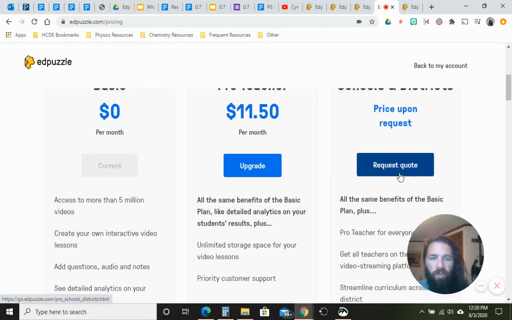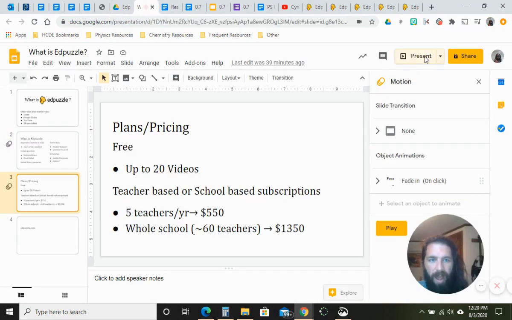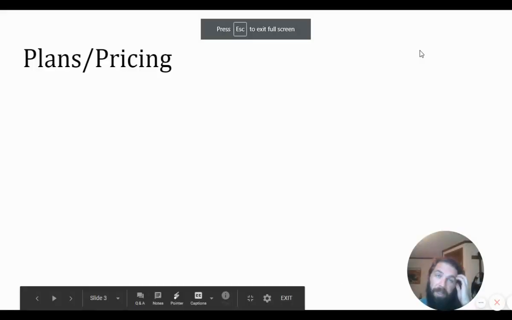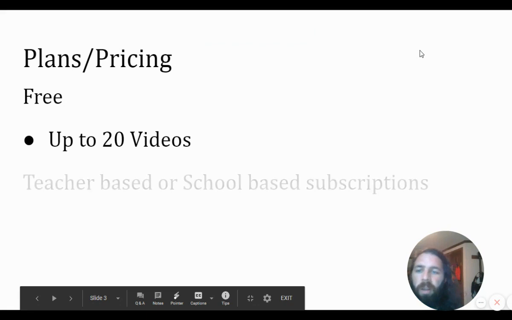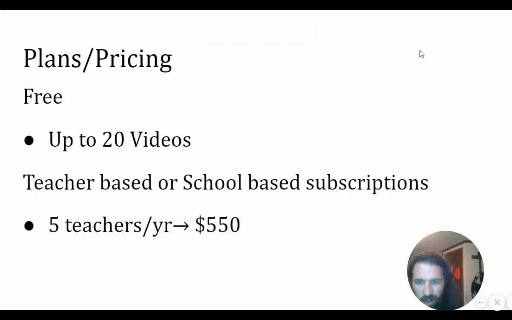You can also get a quote. I think I made some slides about this. I was in contact with them before any of the coronavirus stuff because I was like, this program's great, I want to use it in my classroom, and I've already used up my 20 videos. The quote they gave us then was 5 teachers a year for $550. If you think, okay, that's like $11 a month per teacher, that's not bad.